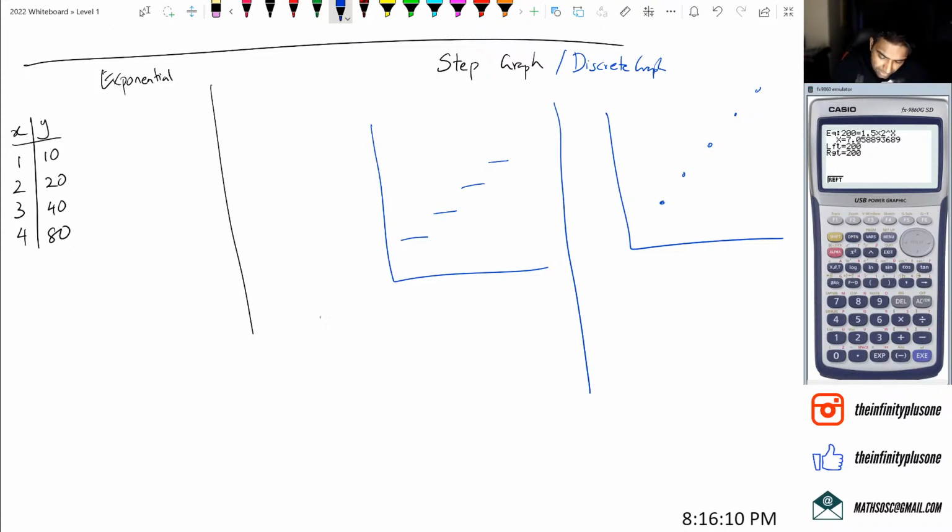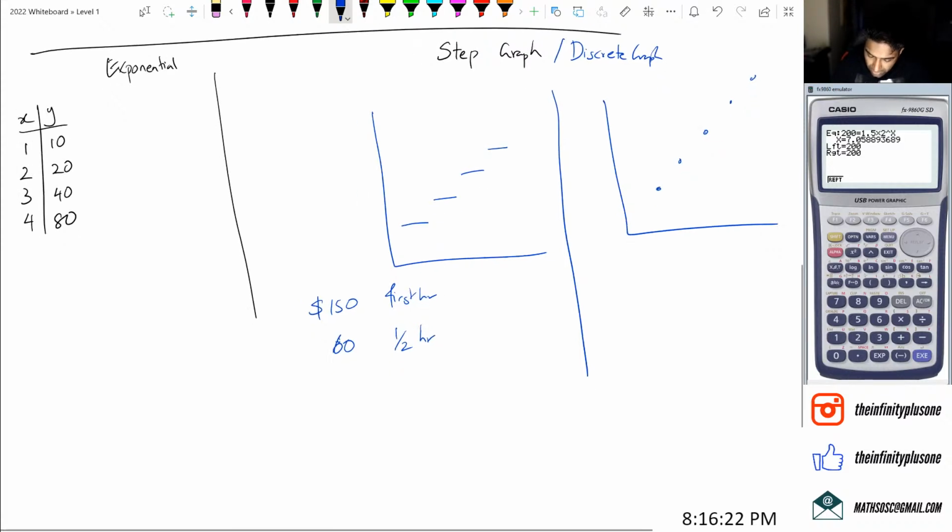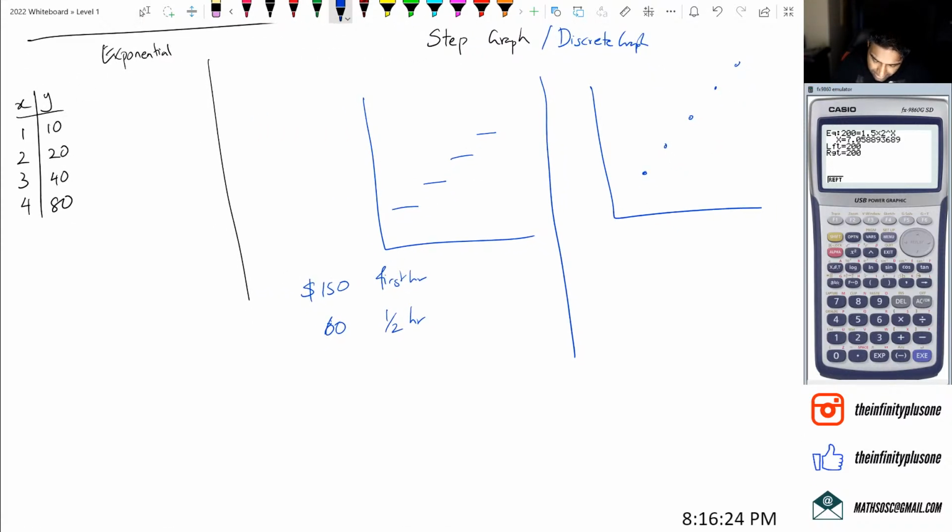Let's charge $150 for the first hour, and then let's say $60 for every half hour after that. So it works like this. Think of it like a table: time and cost. Between 0 and 60 minutes, it's going to cost me $150.